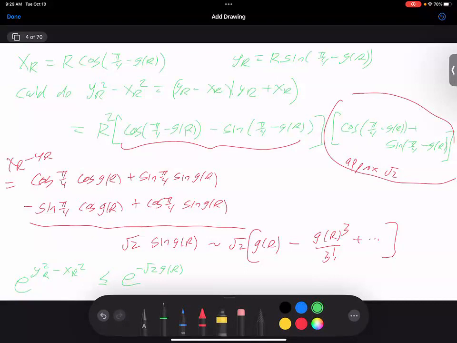And if I include the next piece, I'm going to make things a little bit larger. So that would be plus, and I'll drop the 3 factorial to make it a little bit larger, plus root 2 g of r cubed. And this should all be multiplied by r squared.